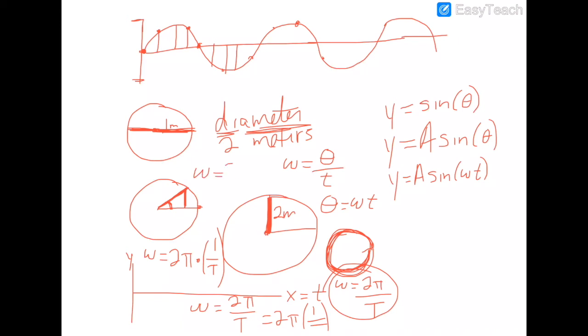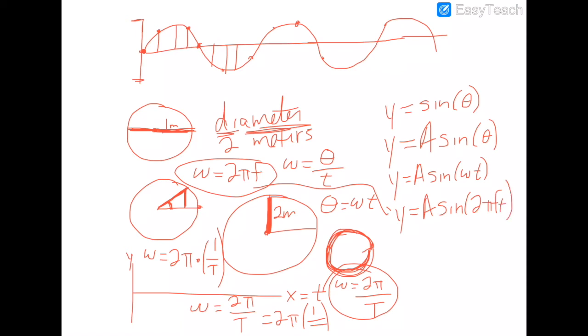So the angular velocity is 2 pi times the frequency. So I can put this in for my angular velocity in this equation. So y, the vertical displacement, is A times the sine of 2 pi f times t. And that will give me my y position.